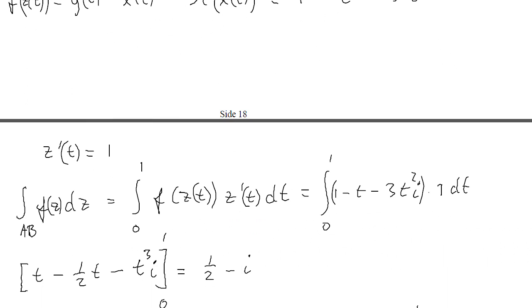So therefore we have these limit points for the integral, and substituting this, we now have an expression for f of z of t, and we have an expression for this derivative of z, and substituting this into this general expression, we obtain this integral, which is very trivial to compute.